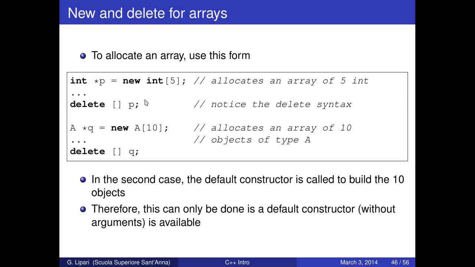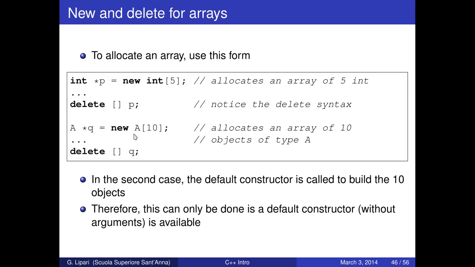And when I want to delete an array, I have to use a special syntax. I have to say delete, then the square brackets, and then p, which points to an array. So I have to tell the delete operator that I'm going to delete an array of elements and not just one single object. And I do the same with classes, of course. Notice that in the second case, for sure, the constructor of A is called for every single object that is created.